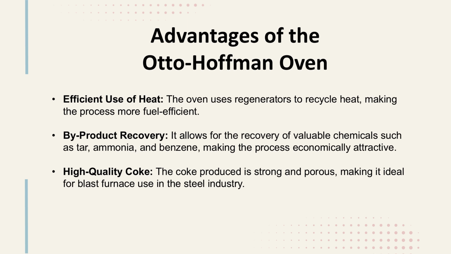This system allows for the recovery of valuable chemicals like tar, ammonia, and benzene, providing additional economic benefits. High-quality coke. The coke produced is strong and porous, making it ideal for use in blast furnaces for steel production. This quality coke is essential for maintaining the efficiency and output of industrial processes.